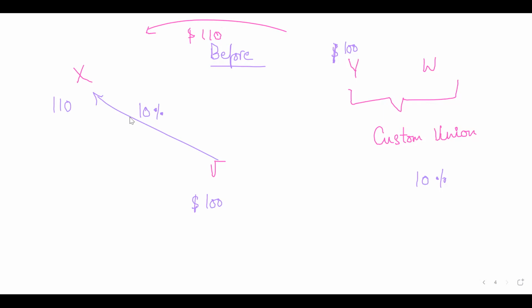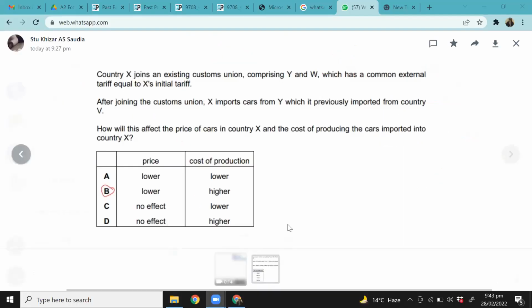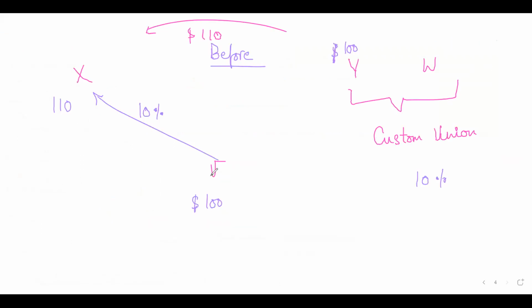Read the statement. After joining the customs union, X imports cars from Y, which it previously imported from country V. So if it was previously importing from country V, and X had the same tariff for everyone, the reason why it was importing from V was because its price was not 100, but something less.